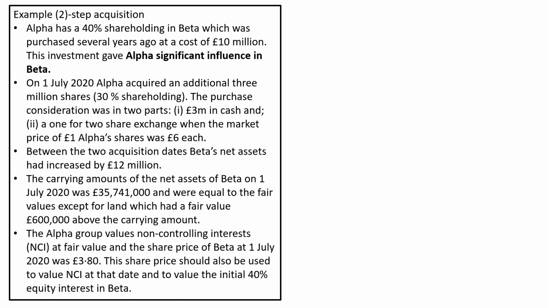The Alpha Group values non-controlling interest at fair value, and the share price of Beta at 1st of July 2020 was £3.80. This share price should also be used to value the NCI at that date and also to value the initial 40% equity interest in Beta.